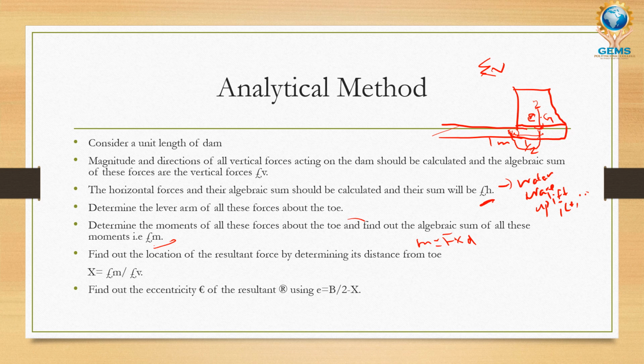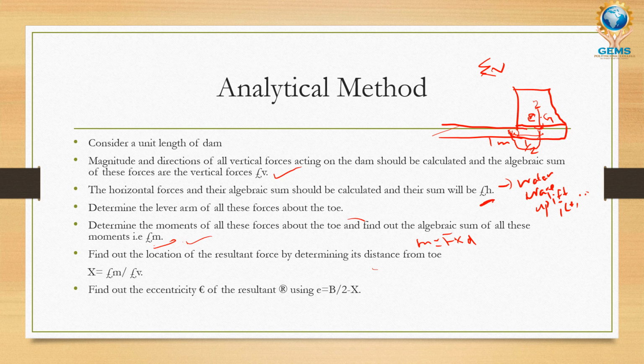Then, the seventh point: find the location of the resultant force by determining its distance from the toe. From the toe portion you find the actual location of this resultant force. To find that, the summation of moment divided by the summation of vertical forces should be done. You know how to calculate summation V and summation M.